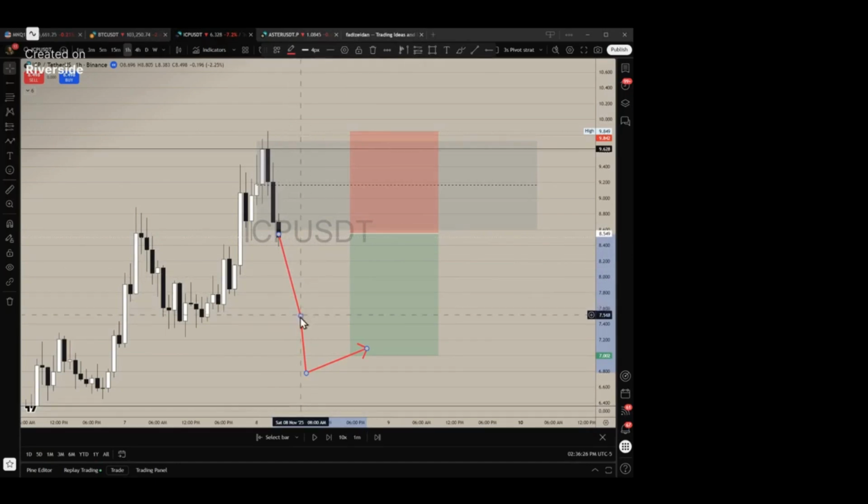A lot of times the retest is already priced in. The retest already happened up here on the lower time frame. You can't see it just because TradingView is not that detailed. You just need to be liquid. You need to be ready to make adjustments.